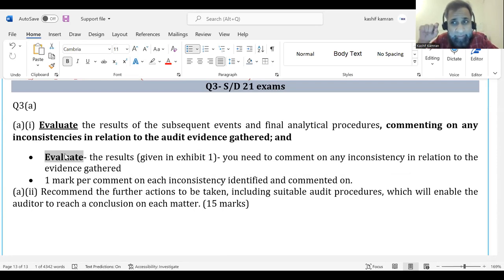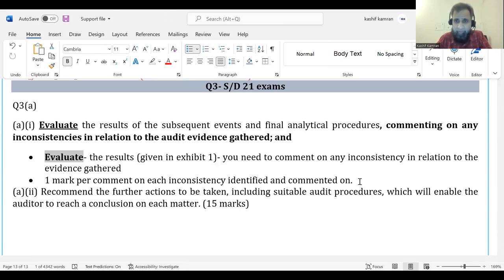So when you read the exhibit 1 of urgent company, will the examiner give you the evidence gathered by the audit team? Then only can you find the inconsistency. And you need to judge what is the inconsistency in the evidence. What is the problem with the evidence, right? So 1 mark per comment.